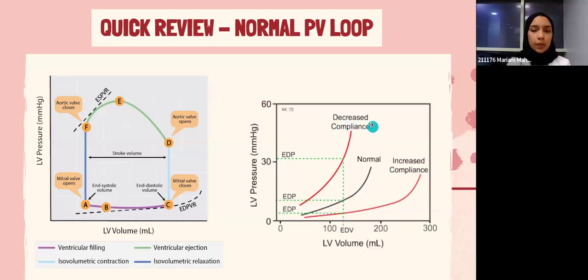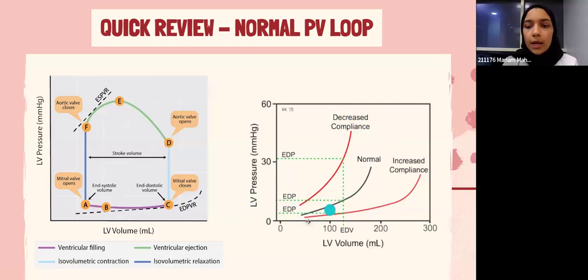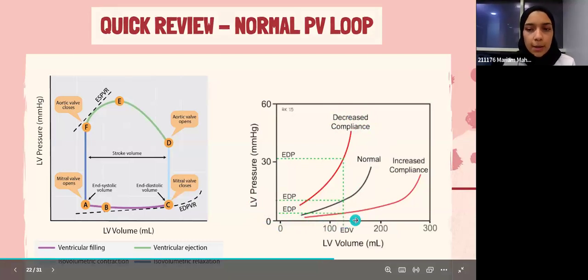If there is decreased compliance, for example in concentric hypertrophy, when the volume increases the pressure will increase much faster than the normal one. And if there's increased compliance, the pressure will increase slower than the normal.